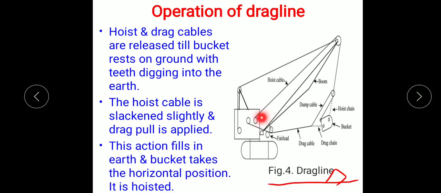So this hoist cable is slackened or loose slightly and a drag pull is applied, because of which this bucket gets filled with the earth material, and the bucket takes the horizontal position and is then hoisted to the dumping area.